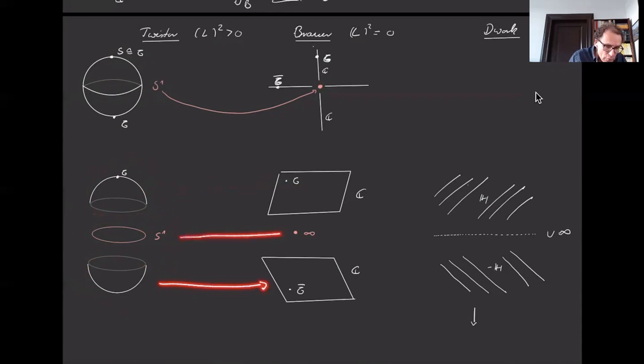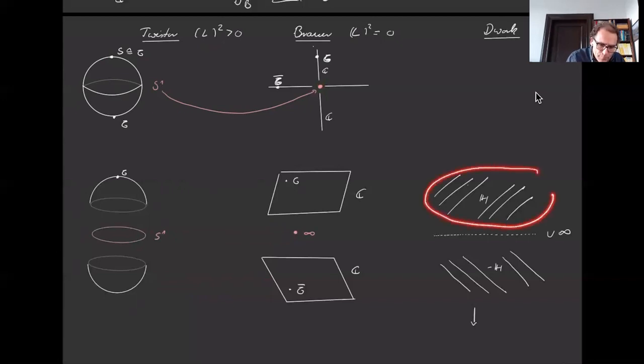And the S1 would shrink to the intersection point of the two lines. And on the Dwork side, I would have two hyperbolic planes, the upper half plane and the lower half plane, and the real line separating the two plus a point at infinity will correspond to the equator in the twistor family.